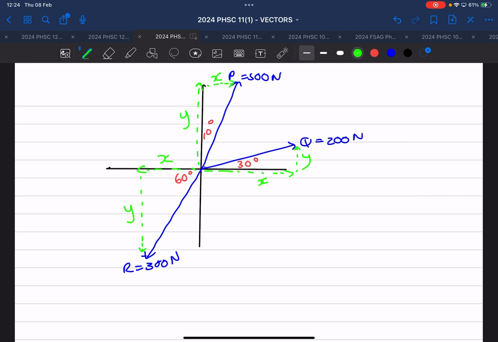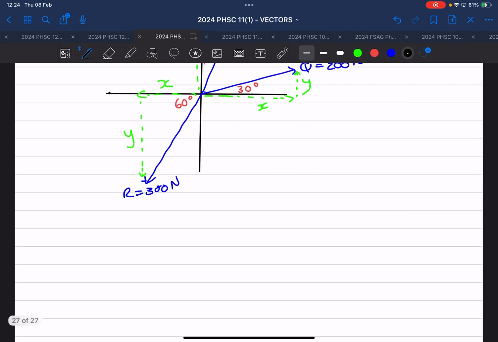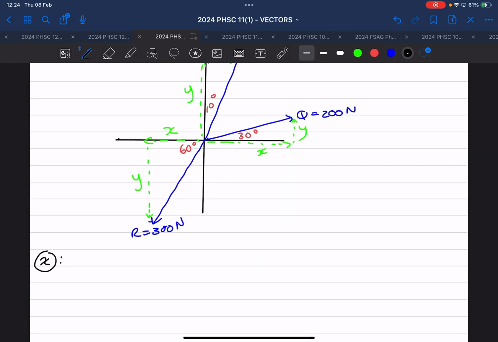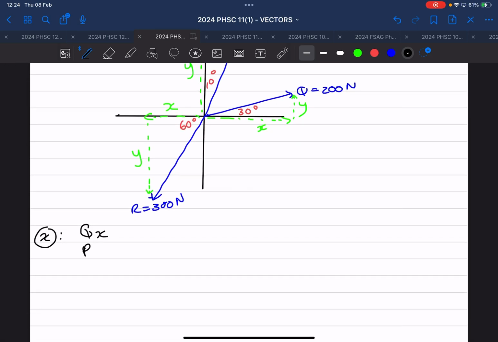Okay, so I am going to look at all the X values first for myself. So I'm going to look at QX, PX and RX. To get QX, it would be 200 cos 30.